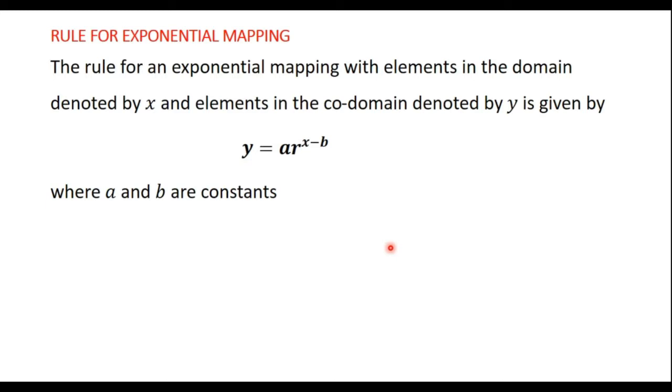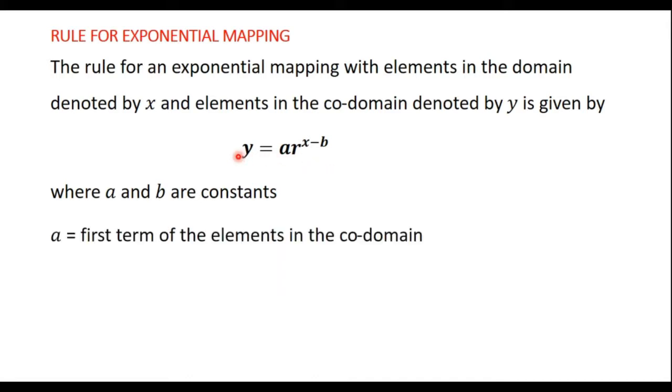Now I'm going to explain this to you. What this means is that if you have an exponential mapping where elements in the domain are represented by x and elements in the codomain are represented by y, the rule is given by y is equal to a r exponent x minus b.